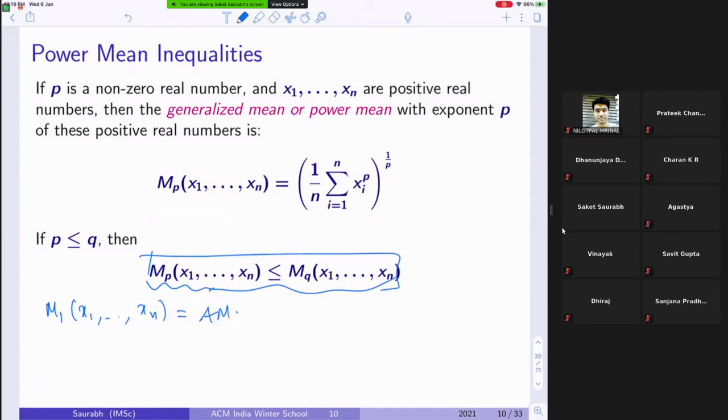Excellent. And what is, let's call it M0, the limit as p tends to 0? Then what is this? Can someone tell me?